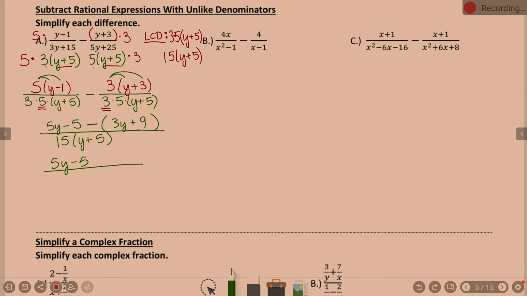And then at some point, if I now distribute this minus, it's a minus 3y and a minus 9. So whether you do that now or whether you did that in the previous step, you just have to remember it's subtraction, so all the signs on that second fraction change. Still over 15 times y plus 5.